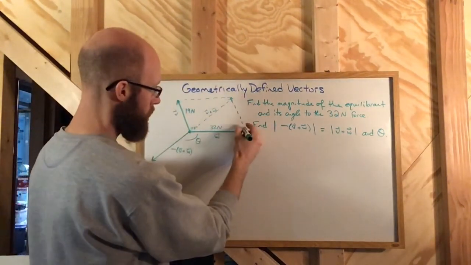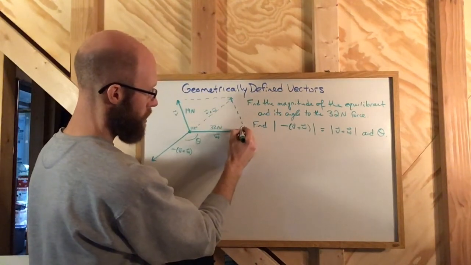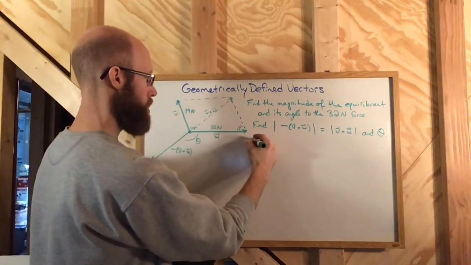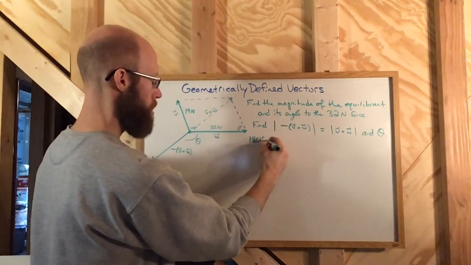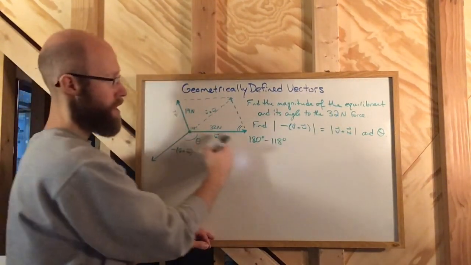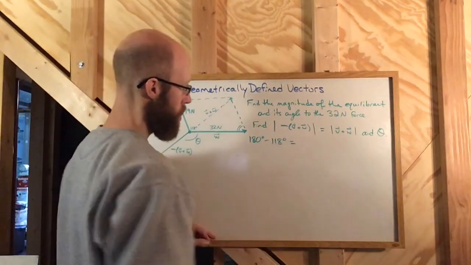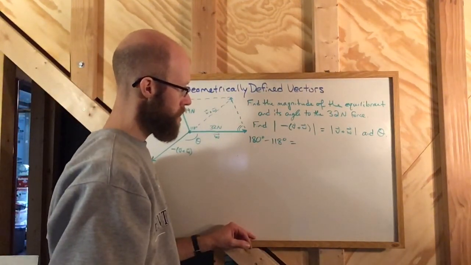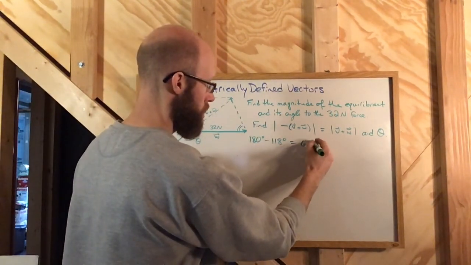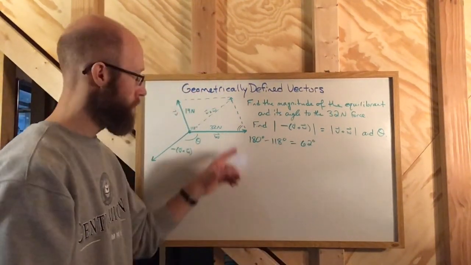So to find the opposite angle over here, that's going to be 180 minus 118, right? The 118 is on this side. 180 minus 118 is 62. So that's a 62 degree angle.